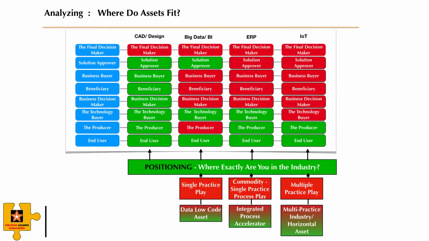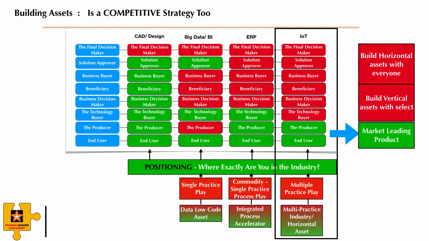For example, you can have IoT for oil and gas, or IoT for manufacturing, or IoT for utilities. So, long story short, what matters is you need to position yourself well and understand what practices the GSIs are playing in the same solution, and then either build horizontal assets or build vertical assets with them.